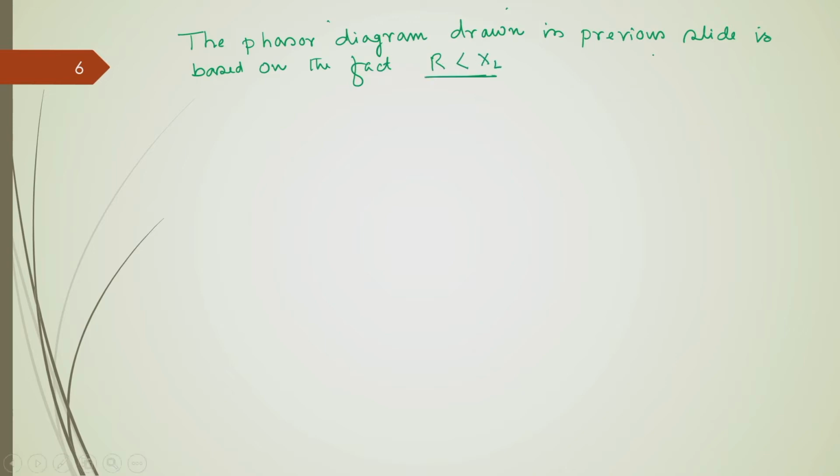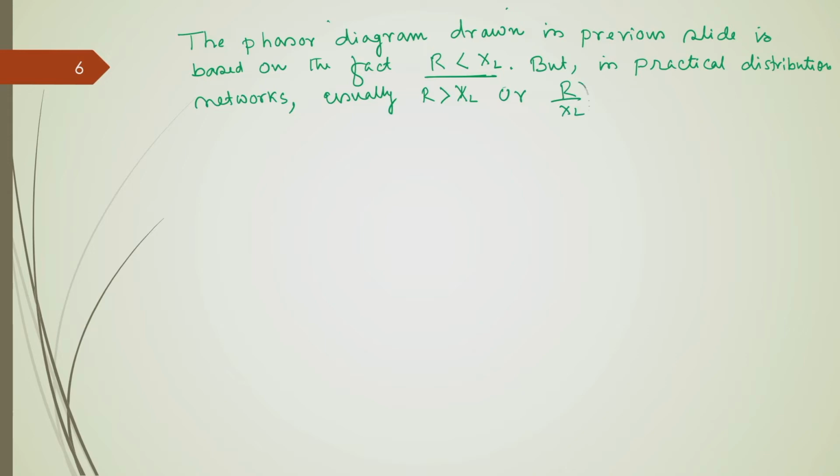Okay. But in practical distribution networks, usually R is higher than XL, or the R by XL ratio is higher.